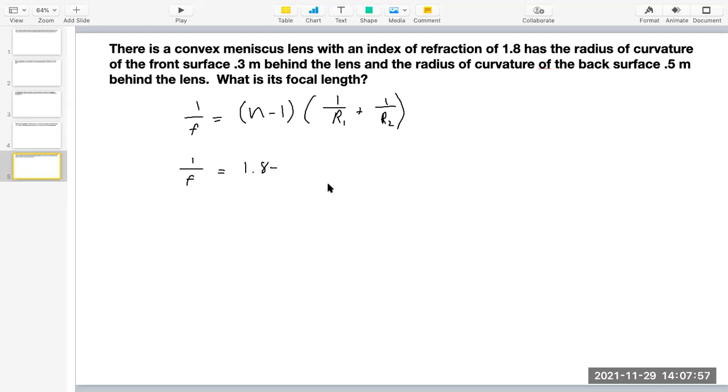So we've got 1 over 0.3. And the back one is concave, so it's going to count as negative.